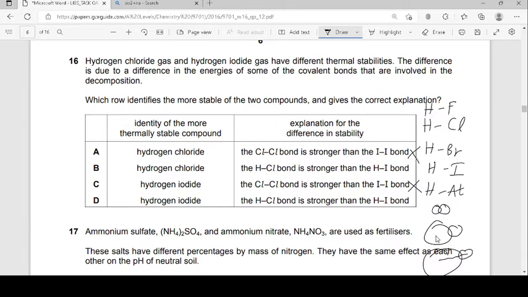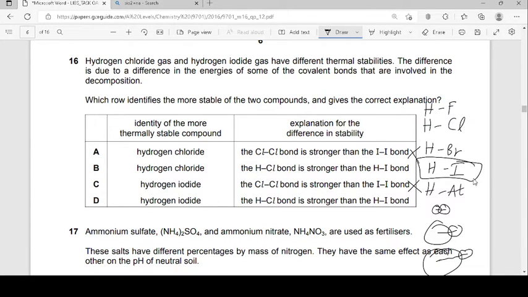Because bond length is the distance from one nucleus to the other nucleus when you're talking about two nuclei that are bonded together. So your bond length is getting longer, so that means your bond is getting weaker, because as bond length gets longer, the bond gets weaker. So that means the bonds are stronger from fluorine to iodine, because my HI has a longer bond length, so it's the weaker one.